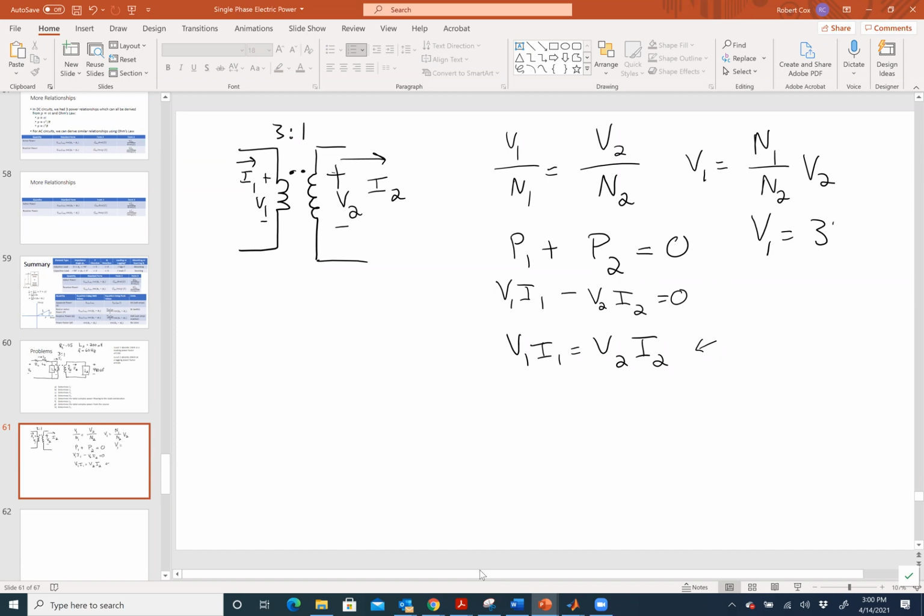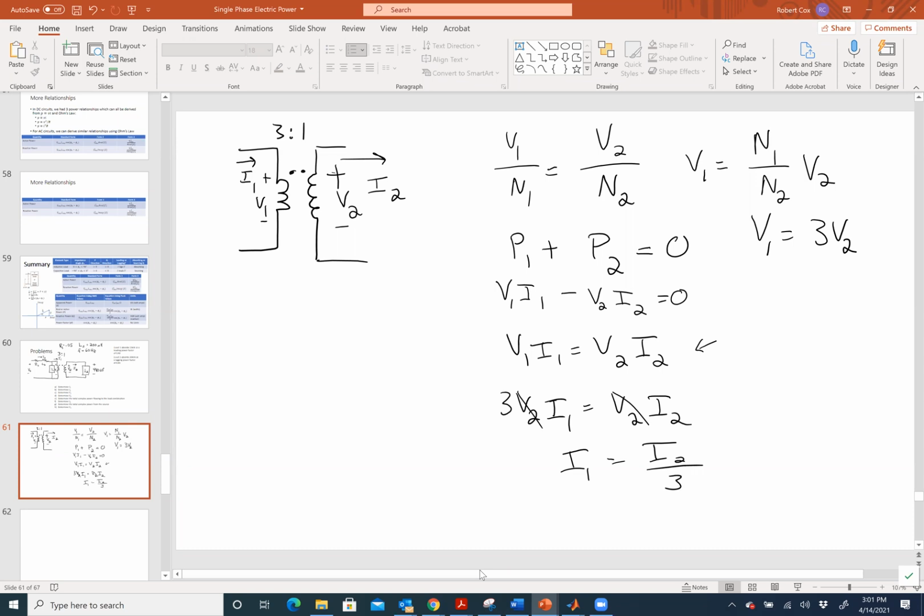V1 equals 3 V2. Then I substitute: 3 V2 times I1 equals V2 times I2. The V2s cancel, and I have that I1 equals I2 over 3.